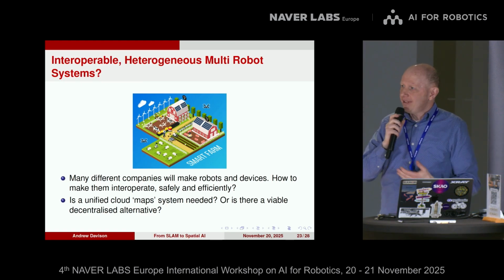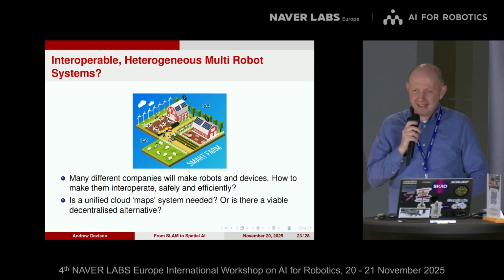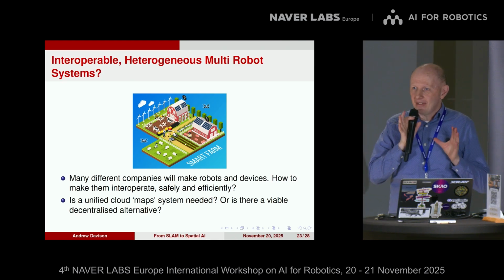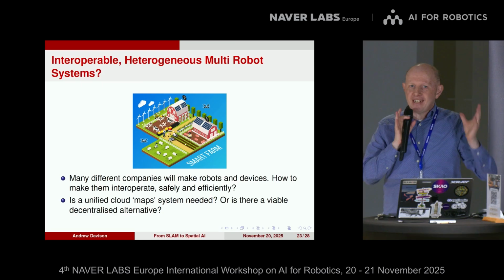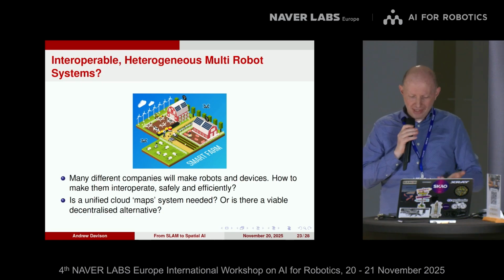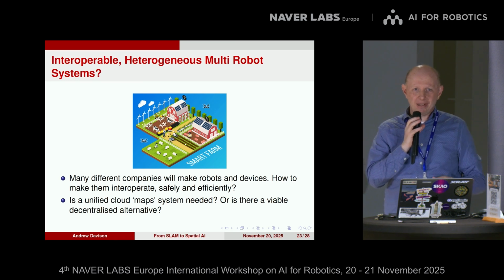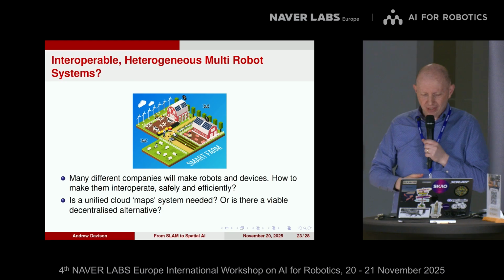So how are all of those things going to interoperate? How are they going to work together? One obvious possibility is that all of them will need to talk to the same kind of global cloud provider, maybe the future instantiation of current maps-type systems. All of these devices will talk to that. And so problems like how do they all localize together in a space? How do they all plan their motion so that they don't crash into each other?